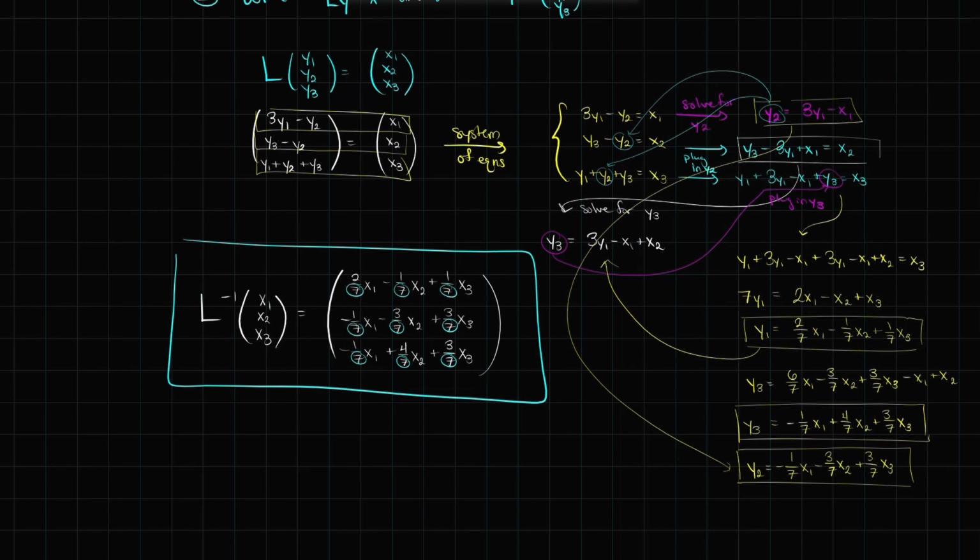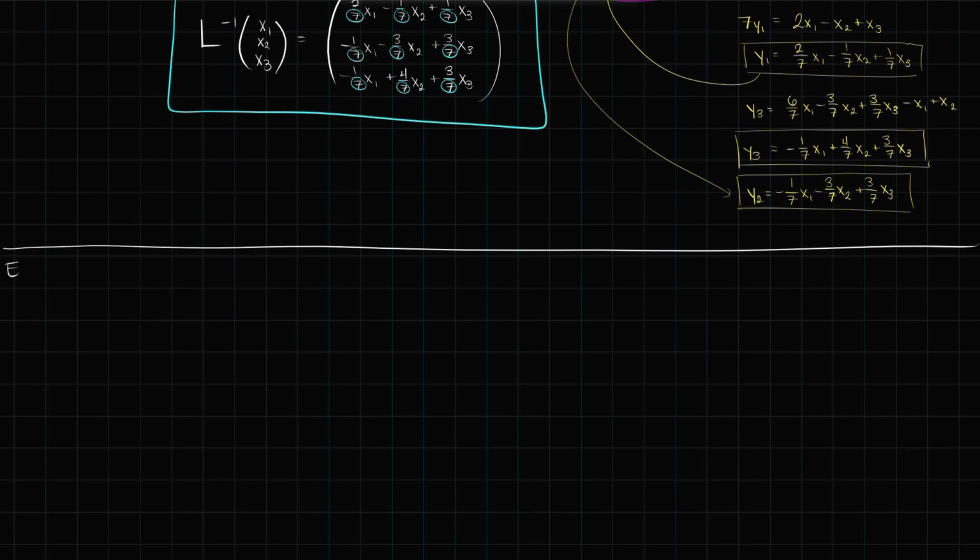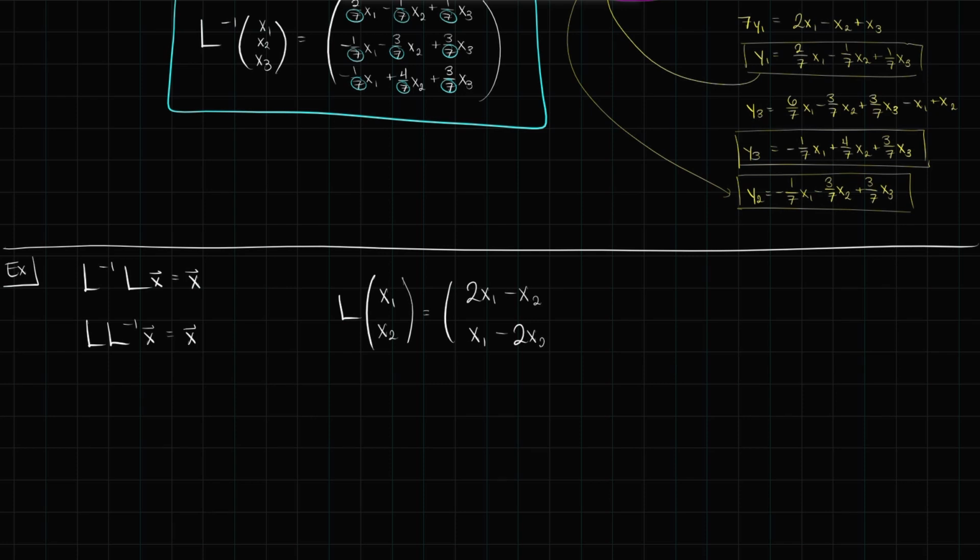And we're going to finish off today by looking at one nice example of this property that I referred to at the end of the last video: that an inverse of a forward linear map of x should leave it invariant, and the same should be true about the forward of the inverse. So the linear map we're going to be using here is 2x1 minus x2 and x1 minus 2x2.